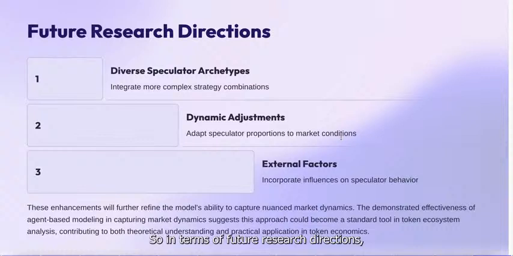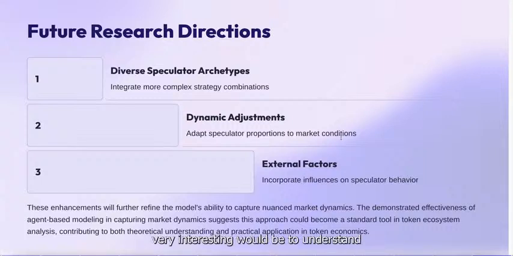So in terms of future research directions, these are some of the things that we are going to work on next, and if you're interested in collaborating on some of those things with us, just let us know. First of all, we'd like to integrate more complex strategy combinations. We'd like to adapt speculator proportions to market conditions, and also incorporate external events, such as news stories.